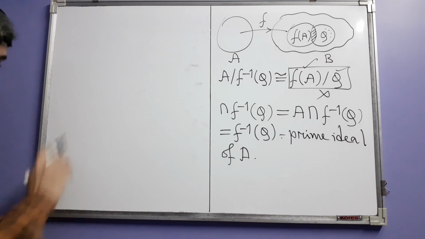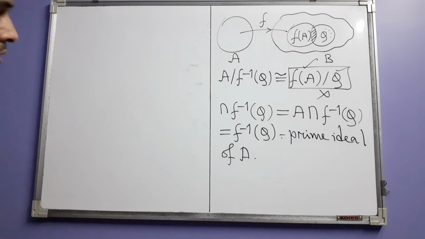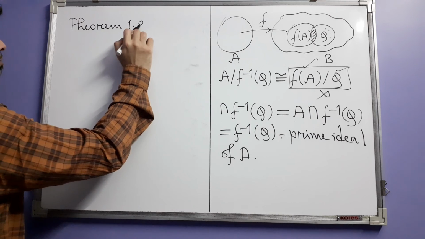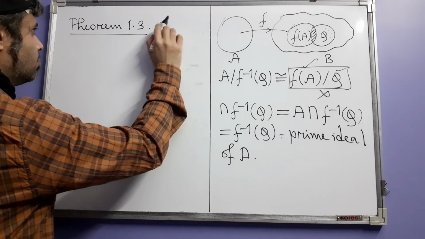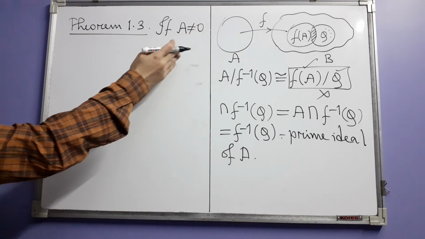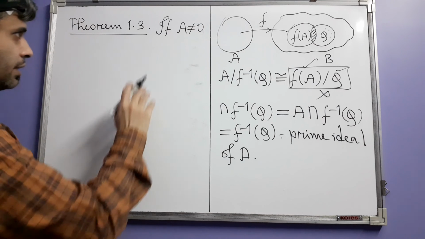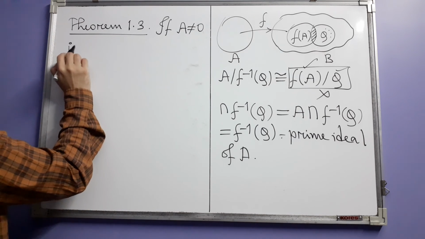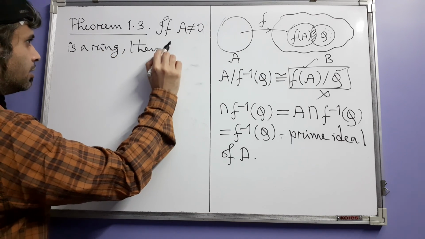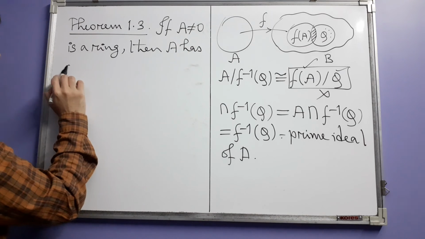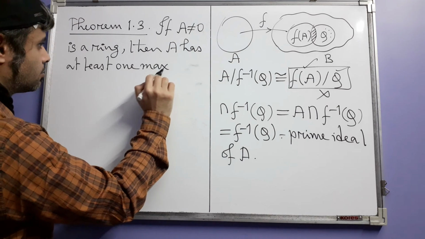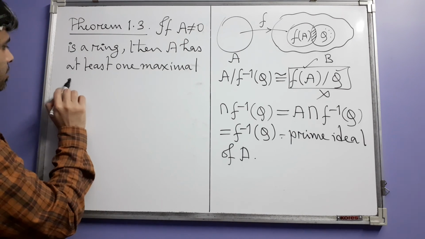That's the next thing, and it is 1.3. If A is a non-zero ring, there is a very mild condition on the ring A, then A has at least one maximal ideal.